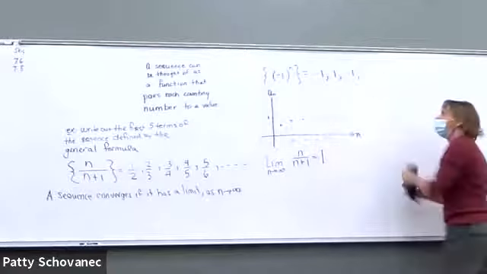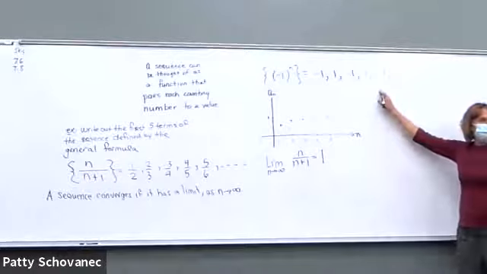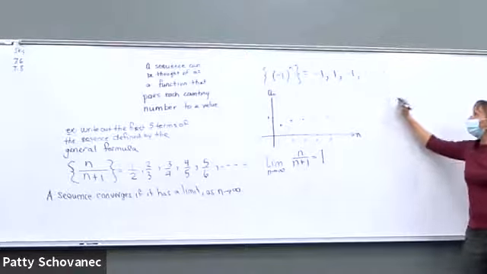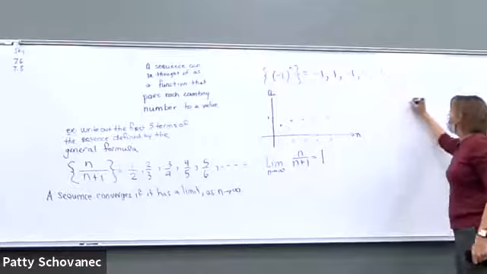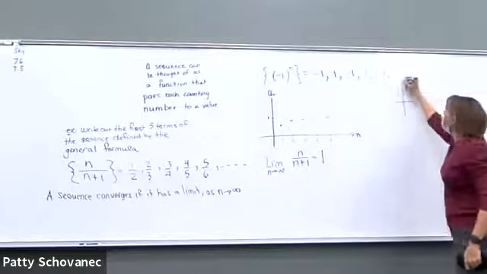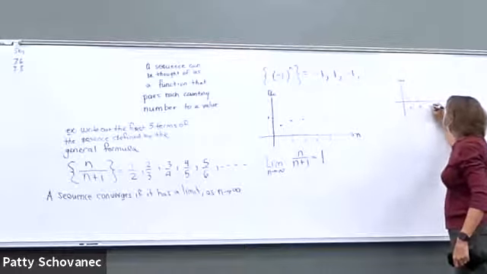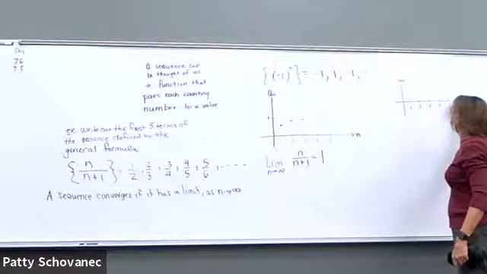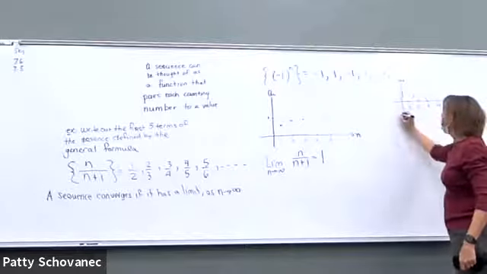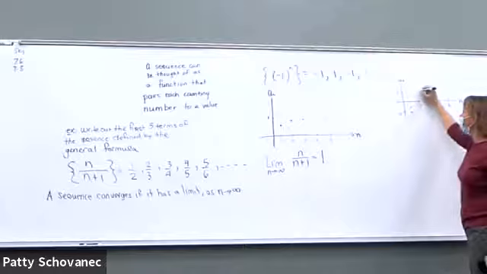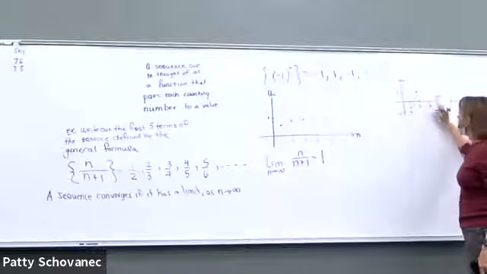This is an example of a sequence that does not converge. If it does not converge, it's said to diverge. If I were to plot this sequence, it's either going to take on a value of 1 or -1. It's a value of -1 for the first term, 1 for the second.